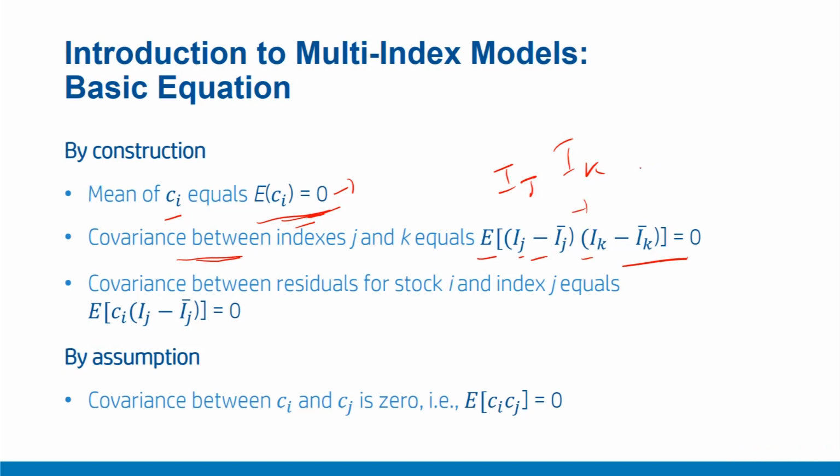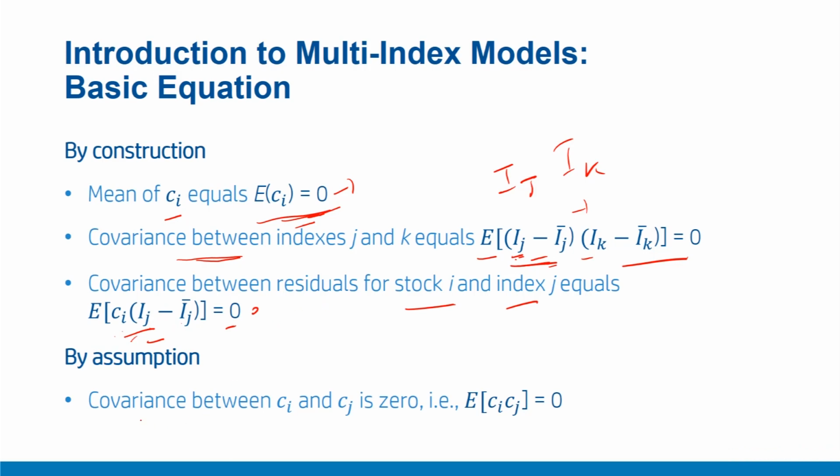Remember, we discussed the orthogonalization procedure in the previous video where we said that the indices are so constructed that they do not have any correlation with each other. We also say that stock i and index j do not have any covariance or correlation, so the expectation of Ci into (Ij minus Ij bar) equals 0. So this is also by construction, the way these indices are generated: not only do they have no correlation with each other, they also don't have any correlation with the error term or residual in the model.